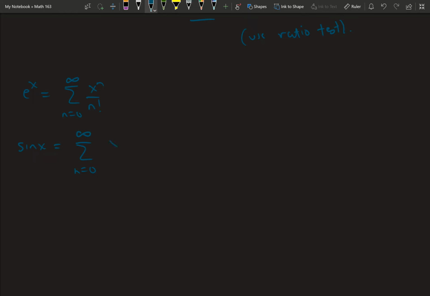So let's see, here we have negative 1 to the n, x to the 2n plus 1 over 2n plus 1 factorial. We had this, then just now we saw the cosine function was negative 1 to the n, x to the 2n over 2n factorial.